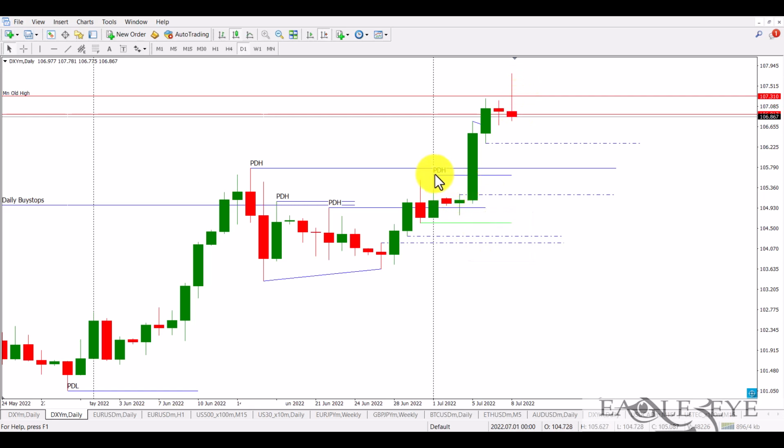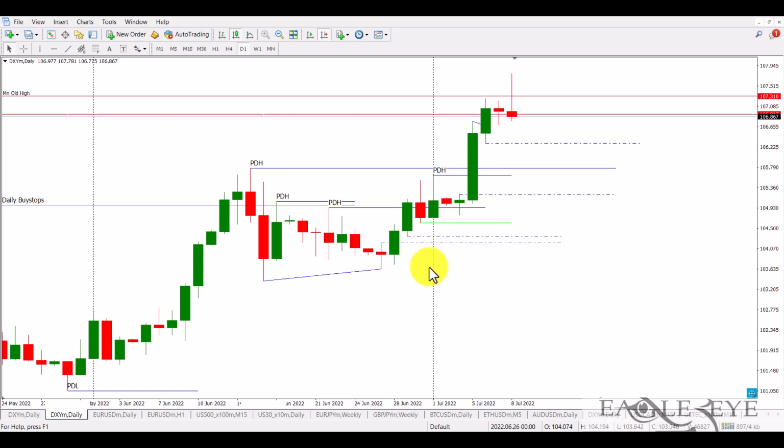So this high right here, this PTH, is the nearest target to reach, and then from there we target this particular high right here. That was what I was expecting in the previous week. Price actually did that and delivered more than I was expecting.